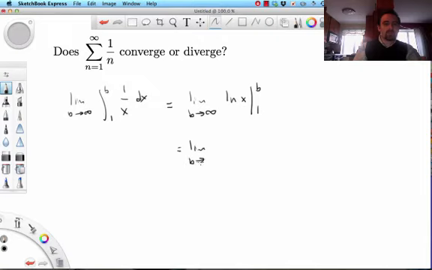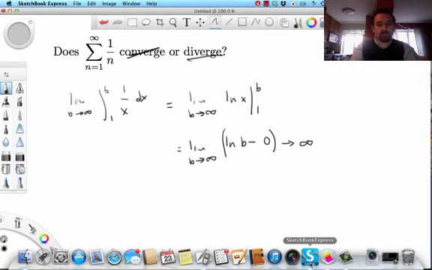This is the limit as b goes to infinity of ln of b minus ln of 1, which is 0. Ln is an increasing function, so as I let b get large, this goes to infinity, which means that since this integral diverges, so does this series. The harmonic series diverges. Really important, kind of fascinating point.